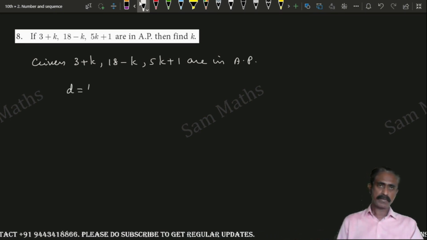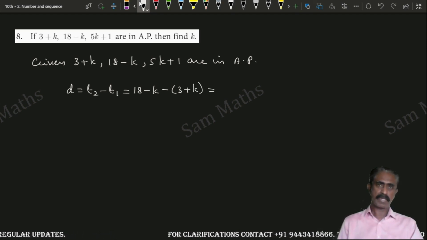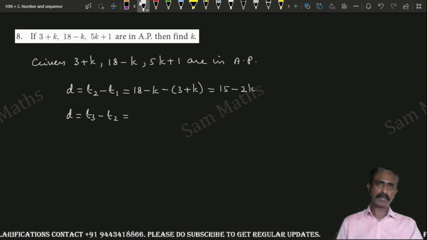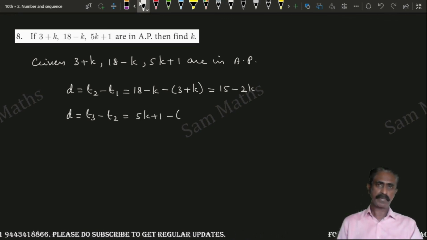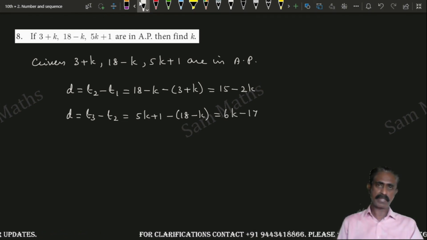We know that D is equal to T2 minus T1, that is equal to 18 minus k minus 3 plus k, which is equal to 18 minus 3, 15, minus k minus k, 2k. Again D is equal to third term minus second term, equal to 5k plus 1 minus of 18 minus k, which is equal to 5k plus k, 6k, 1 minus 18 is minus 17.